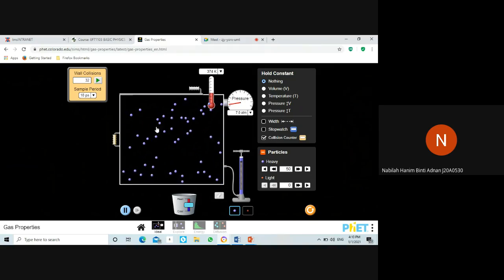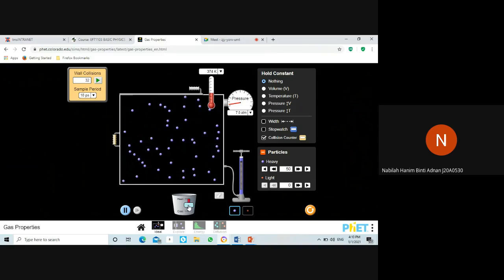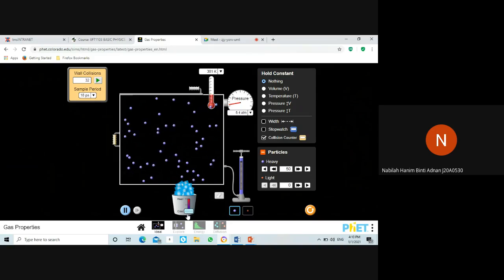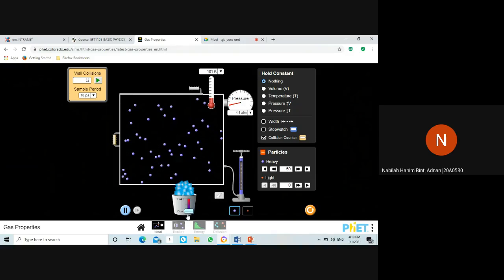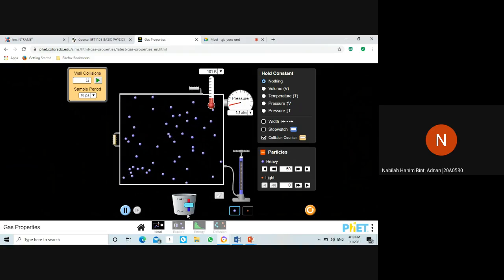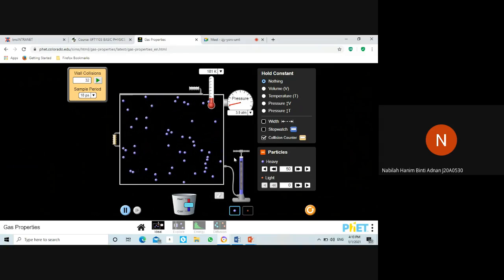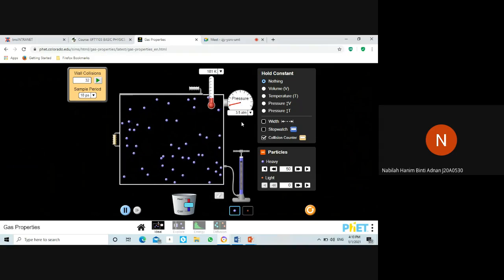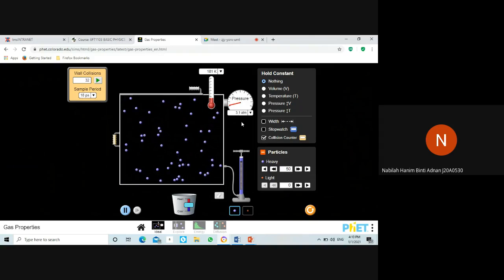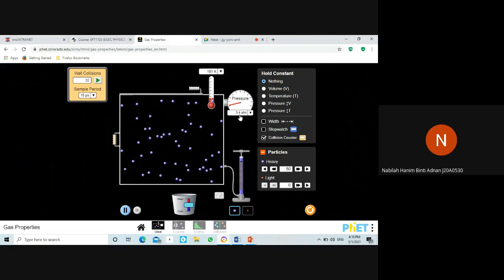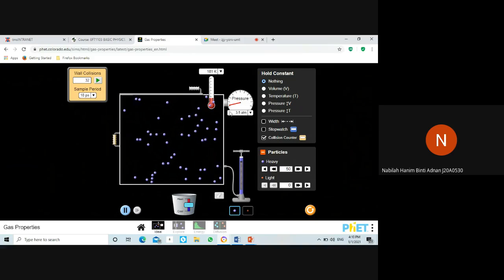Now I'm going to decrease the temperature, and I make it 181 Kelvin. The highest pressure at 181 Kelvin is 3.9 atm.